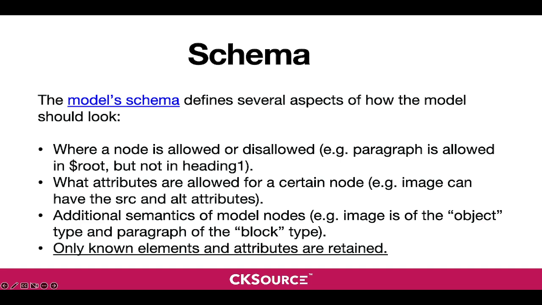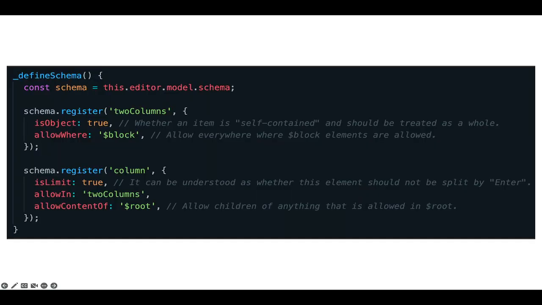And again, if you were not using general HTML support in your project, let's say somewhere without using Drupal, just be aware that only known elements and attributes will be retained by CKEditor 5. So speaking about schema, we will tell the editor to allow two columns element everywhere where block elements are allowed. And we tell that the column is only allowed inside two columns container.